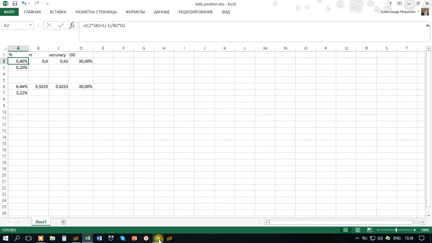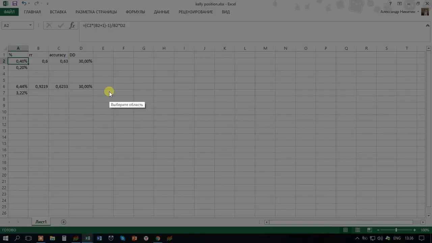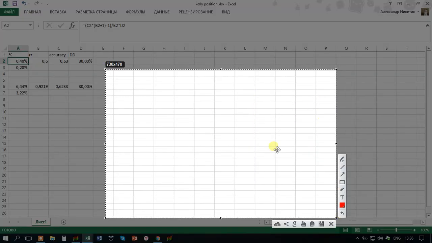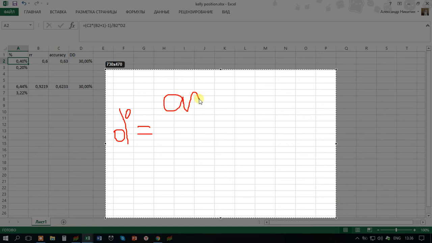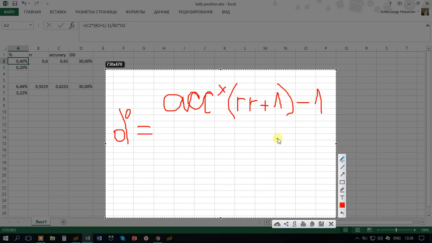If you are interested, I will draw it. So what you need, once again, is to calculate how much percentage you are going to risk in a trade. The percentage you're going to risk equals your accuracy multiplied by risk to reward plus 1, and then you minus 1 from all that.